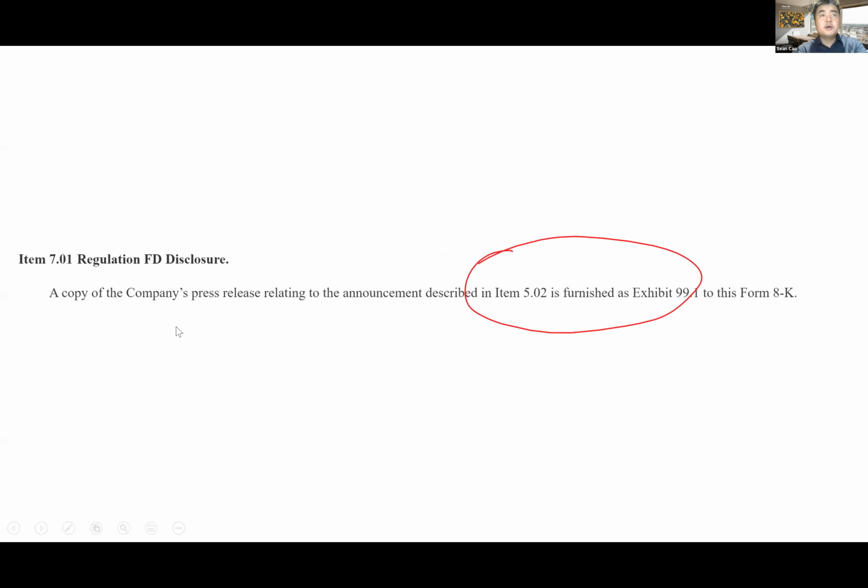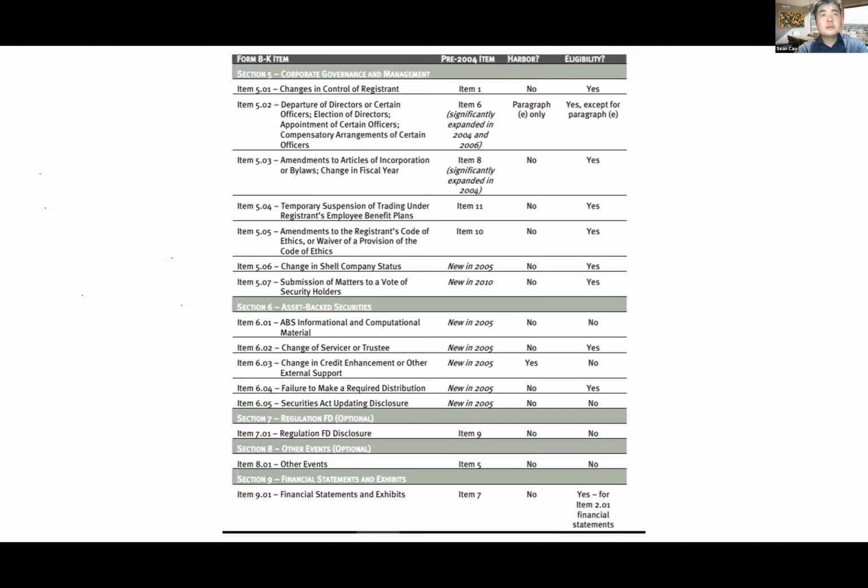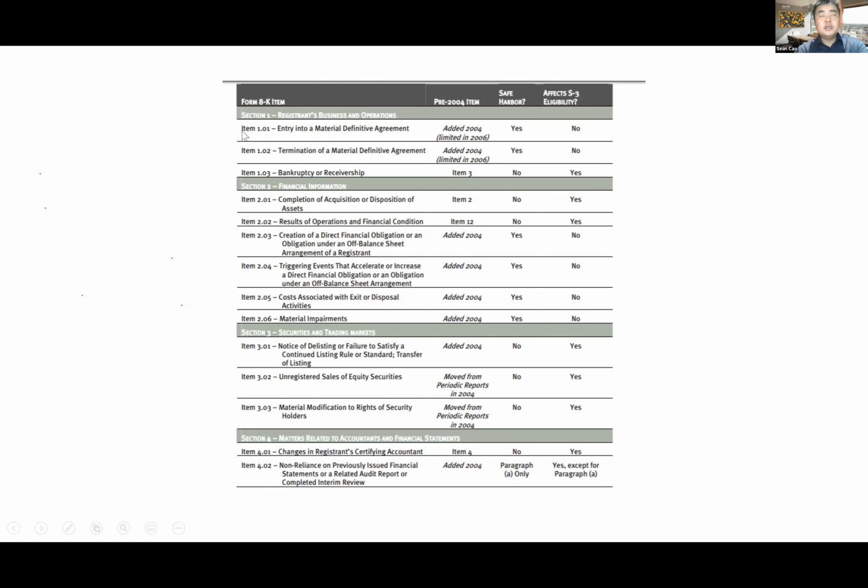Okay, let's keep going. So what are items 7.01 and 8.01? Both 7.01 and 8.01 are about the firm's material news that is not disclosed in the previous categories. You can see that each category has its own information.